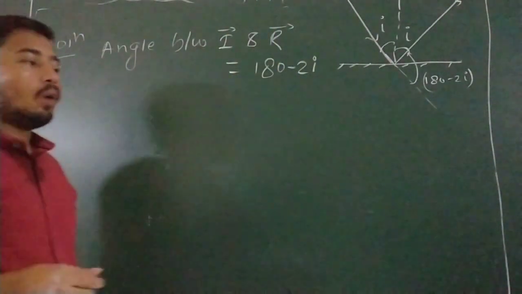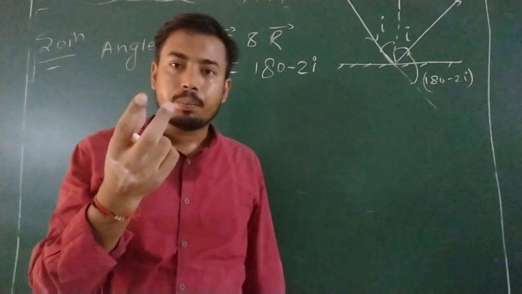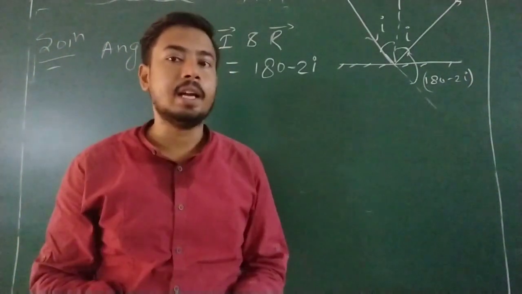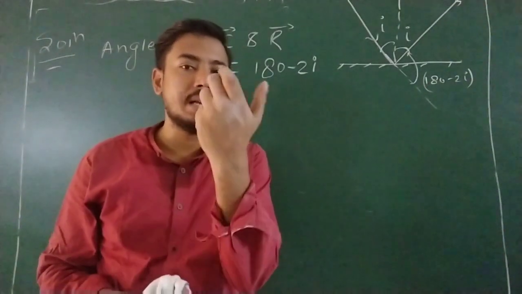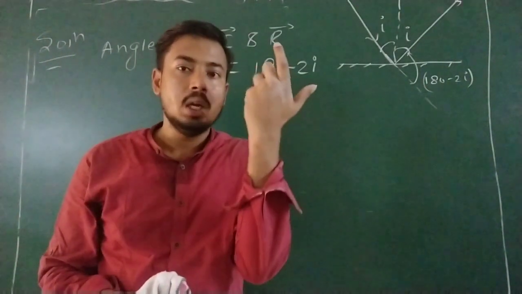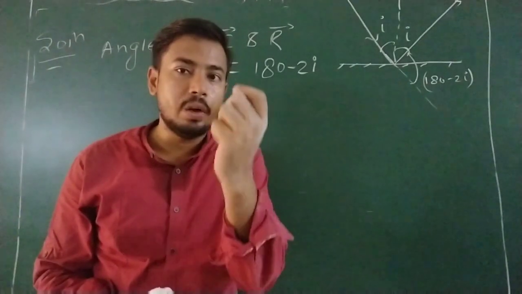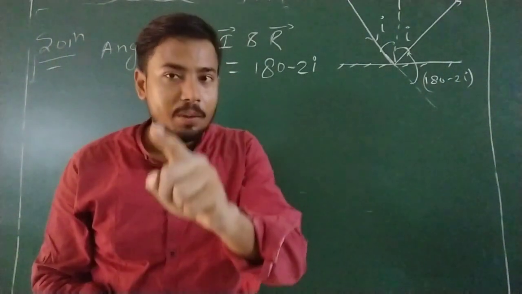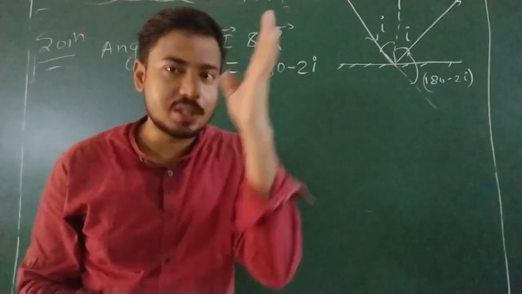Right. Now we are going to use the concept of dot product. Whenever we have to calculate the angle between two vectors, we apply the dot product. Cos theta is equal to A dot B divided by mod of A divided by mod of B. Yes or no? Yes.